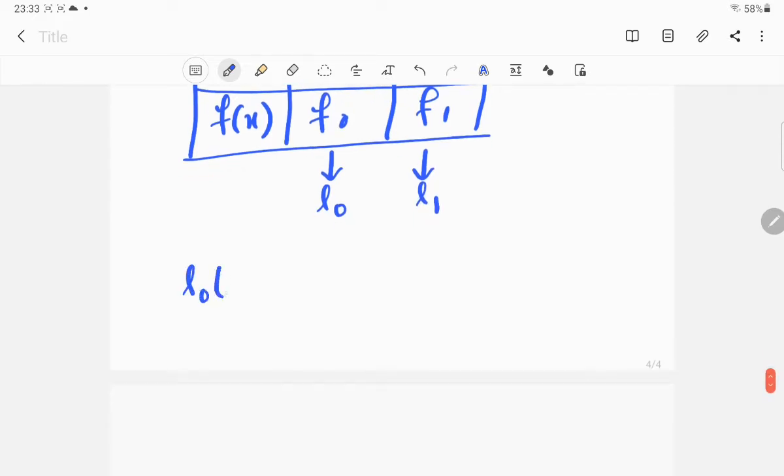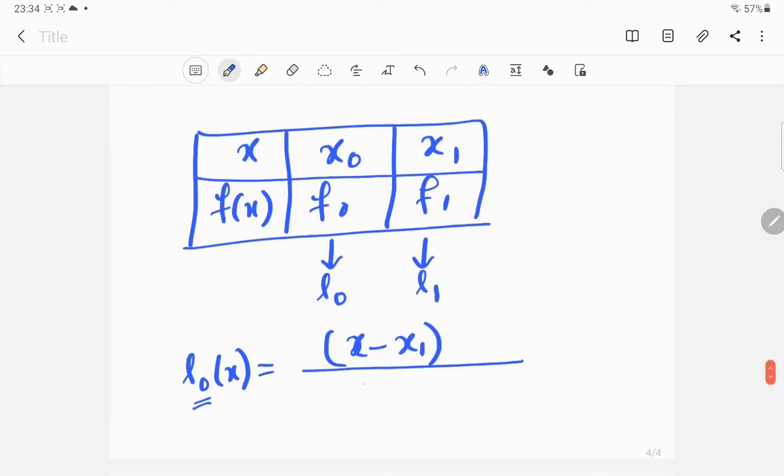L0(x) is equal to, first x minus, obviously this is 0th order, so x minus x1, then x0 minus x1.